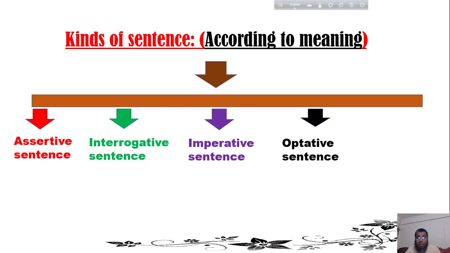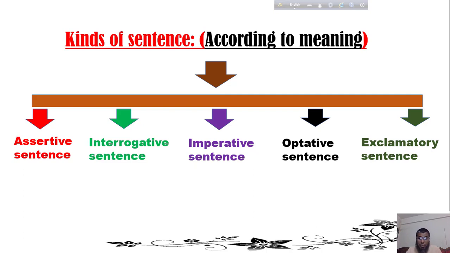And the last one is exclamatory sentence. Right, fine. So what is an exclamatory sentence? The sentence which expresses a sudden feeling of emotion, joy, and sorrow is called an exclamatory sentence.